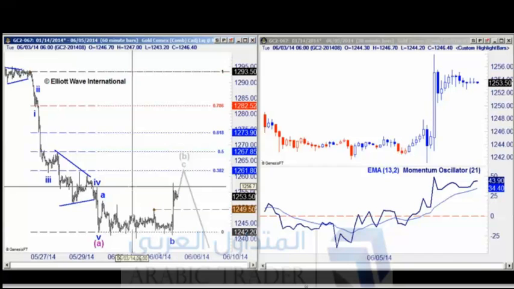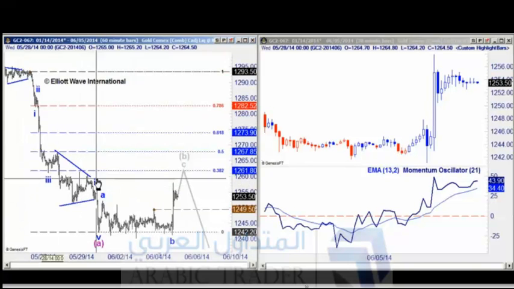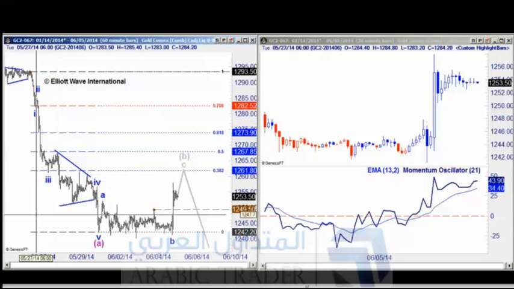Is this a 5-wave move, and was this a correction in this area? I think yes. So is that a scary answer for the Elliott people listening to me?